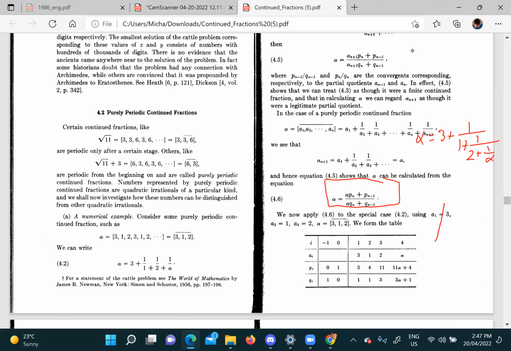We now apply the special case. Well, that's probably a faster way to show it's a quadratic, because that'll give you an instant quadratic in alpha.